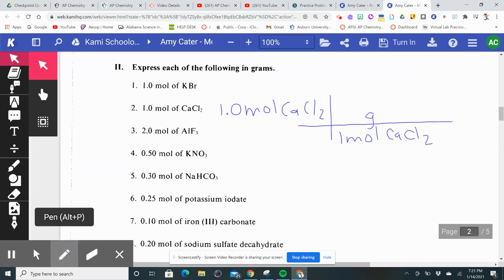Okay, so I'm going to do the same thing. I'm going to add up the mass of calcium and the mass of 2 chlorines. Chlorine is 35 times 2 plus calcium, which is 40. Let me double check and make sure calcium is 40.